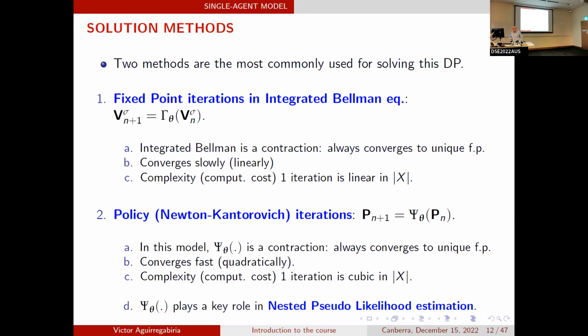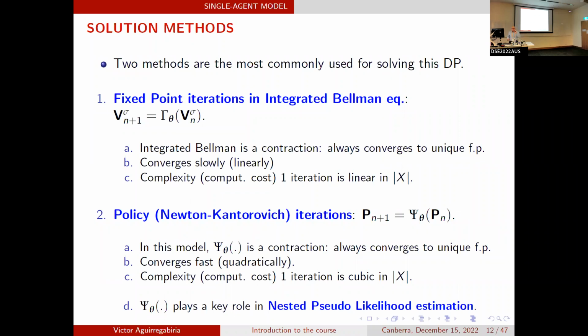Then I'm going to use this subindex theta, psi theta, to represent the policy iteration. This is a mapping that, given a vector of choice probabilities for every action and every possible state, gives us a new vector of choice probabilities. A fixed point of this mapping is a solution to the dynamic programming problem.